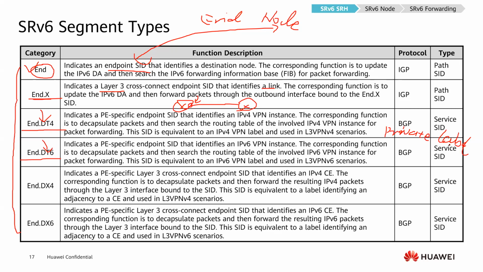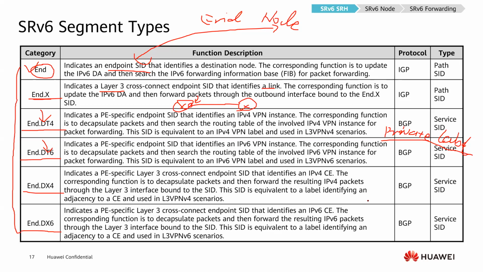For MPLS, we have dual labels, right? We have the outer label and the inner label. The inner label is the private label. So for End.DT4 or End.DT6, their function is the same as the private label. It indicates which VPN instance this traffic belongs to.